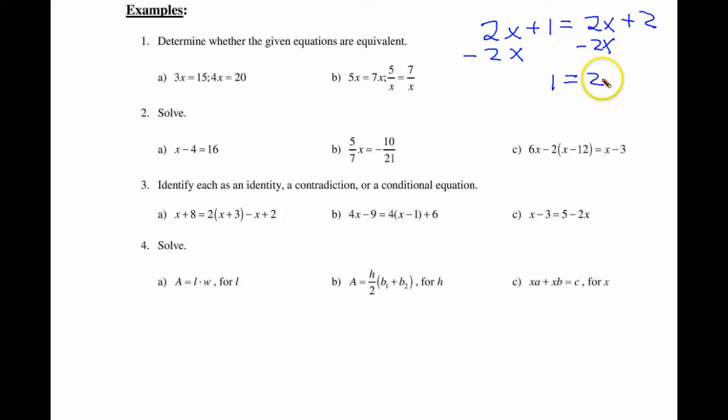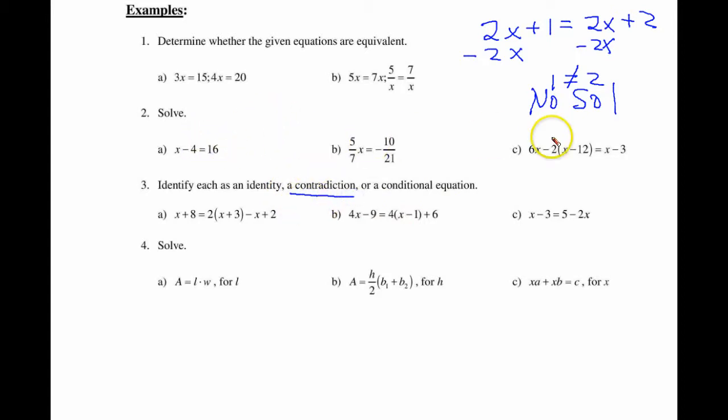Is that a true statement? And the answer is no, this is not equal. So when you have something like this, no matter what value you put for x, it's not going to make it true. So for something like this, there is no solution. And this is what we call a contradiction.